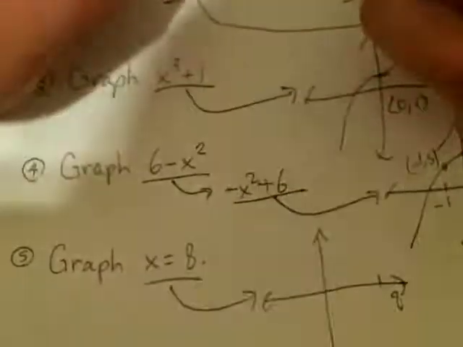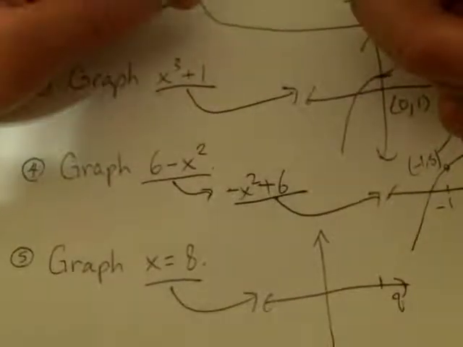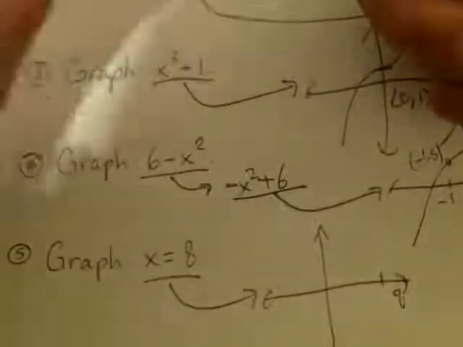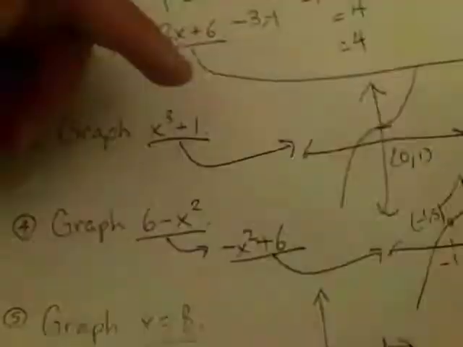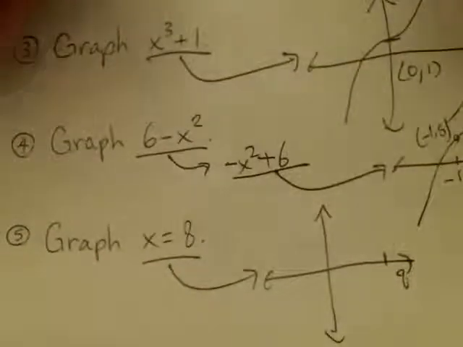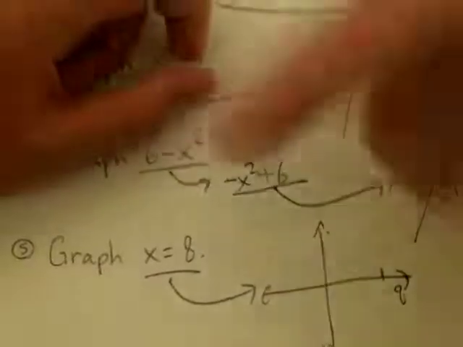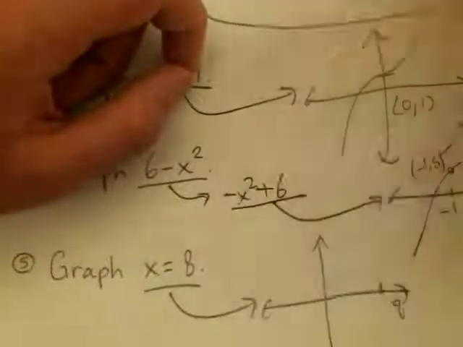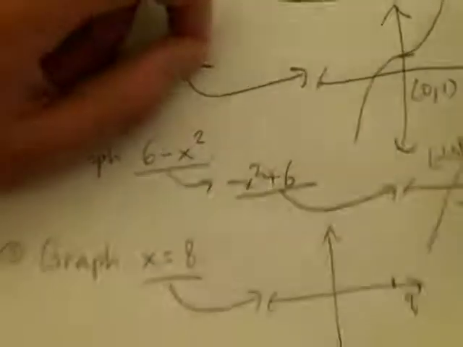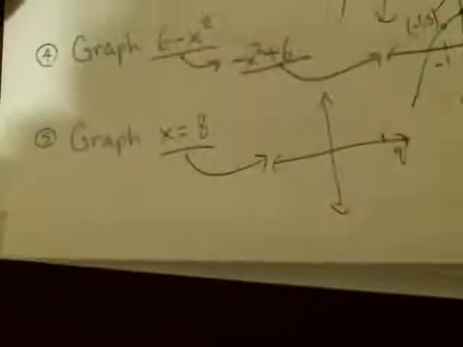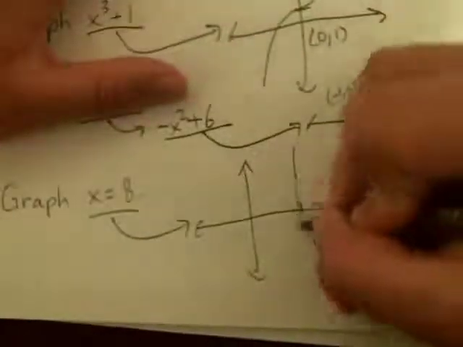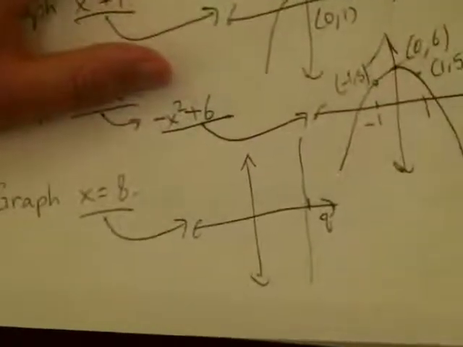Okay, so when graphing x equals something, it is always a vertical line. When we're graphing y equals something, it is always a horizontal line. So in this case, we're graphing x equals 8. So we would just graph a vertical line at x equals 8, which is right here, and that would be our graph.